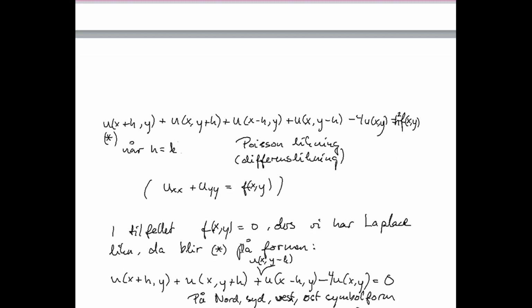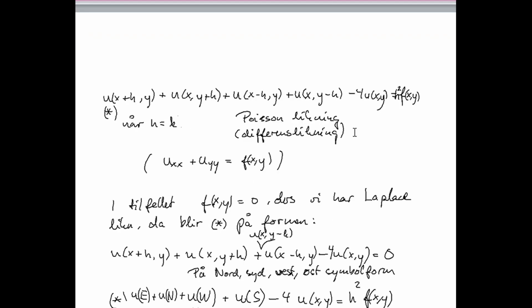And note that in the case when this f on the right side is equal to 0, then we obtain the Laplace equation. And in this case this equation turns into this simple equation.